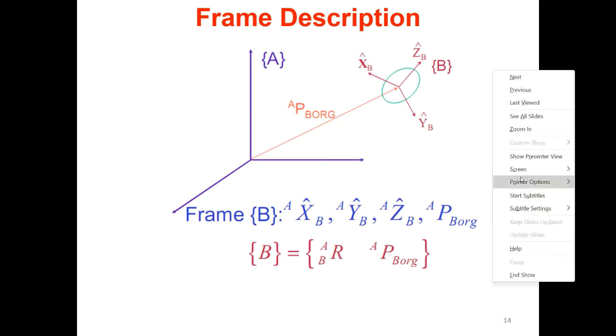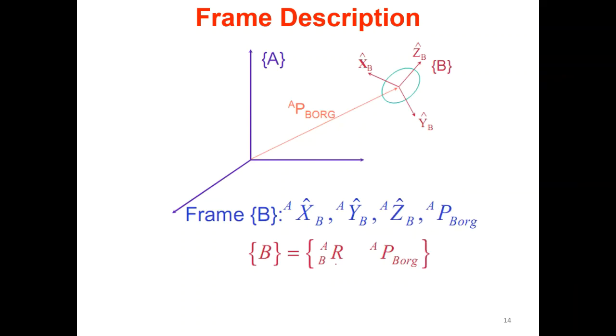So ABR is a 3 by 3 matrix, and APBORG is a vector, 3 rows and 1 column, 3 by 1. So it will look like this.